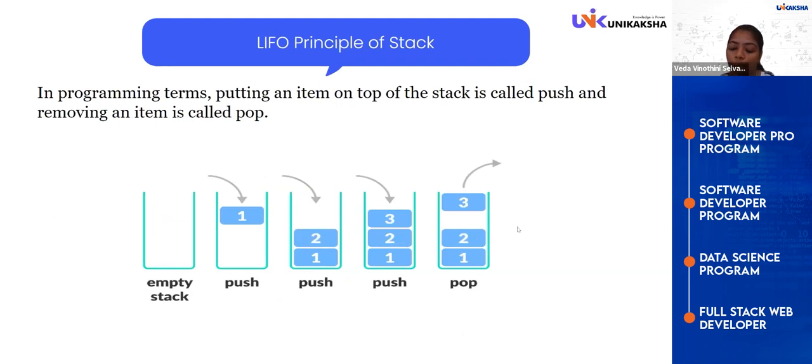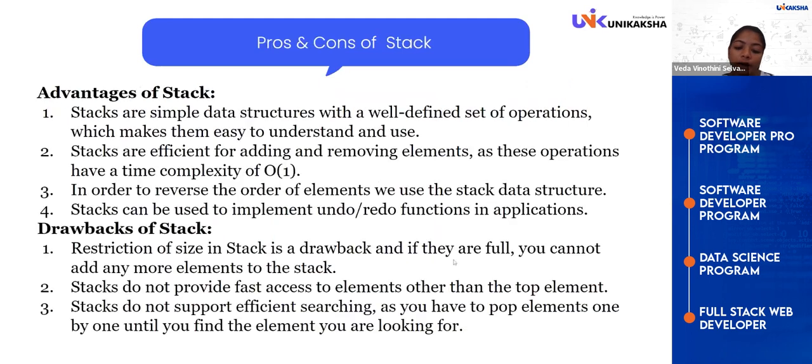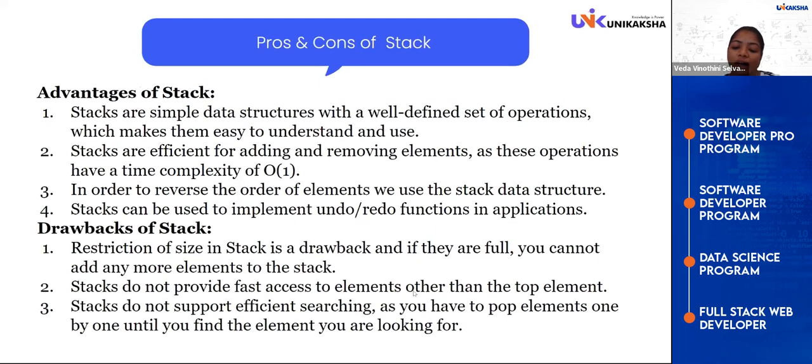So this is one of the drawbacks. And after that, for searching any value, getting any value out, or inserting any value, there is some lag and there are some problems inside this stack. That is the cons for this stack.